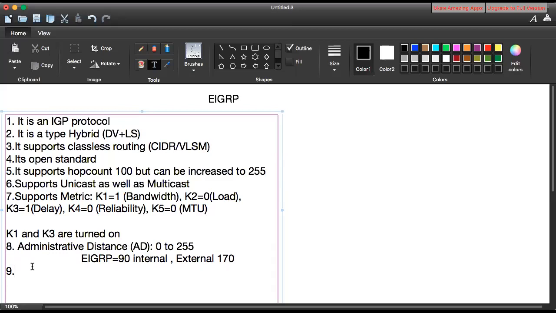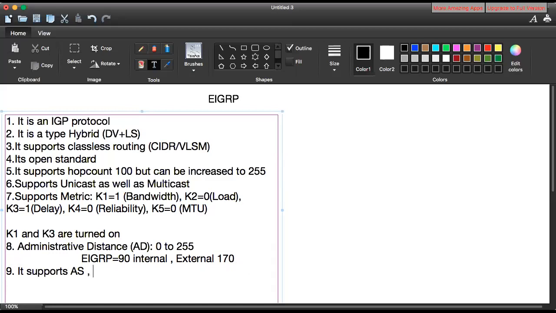What else in EIGRP, guys? EIGRP supports AS, the autonomous system number. What is the role of AS in EIGRP?